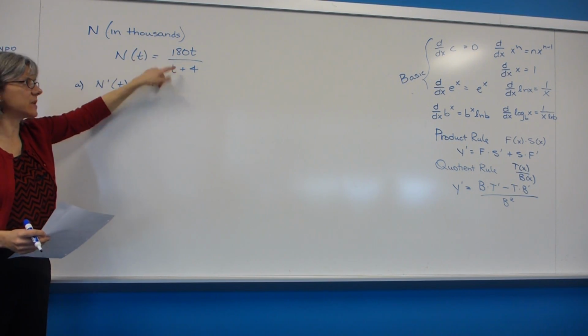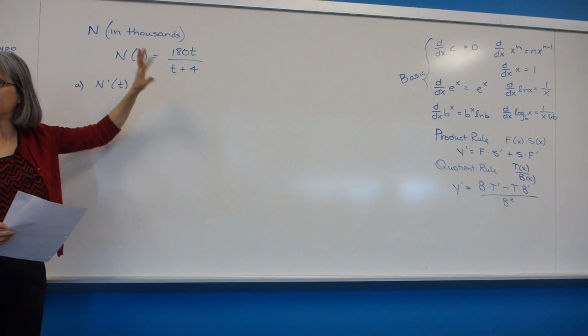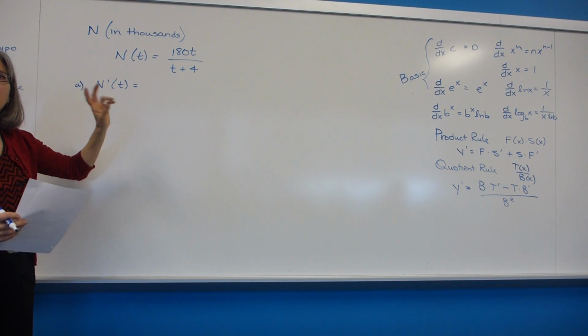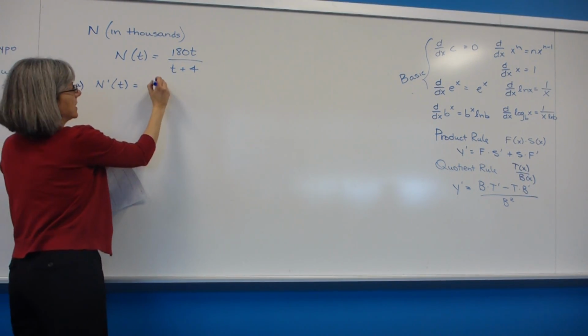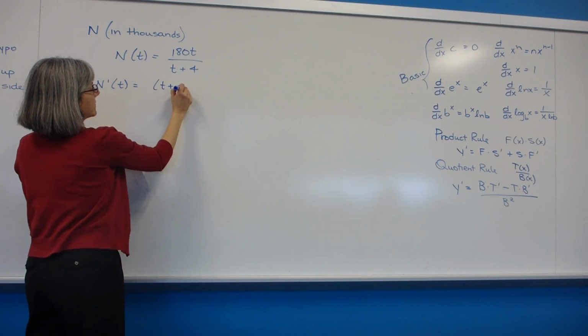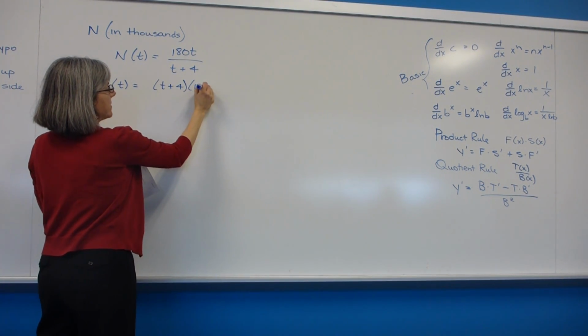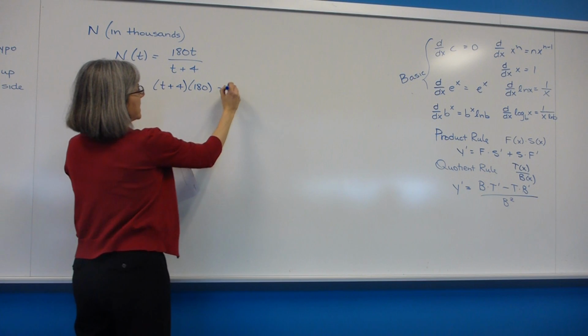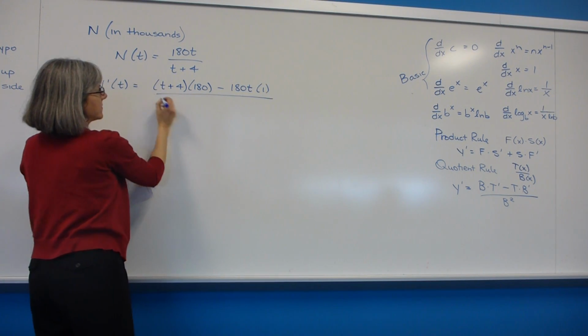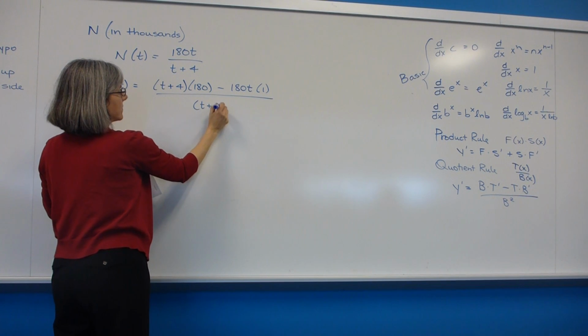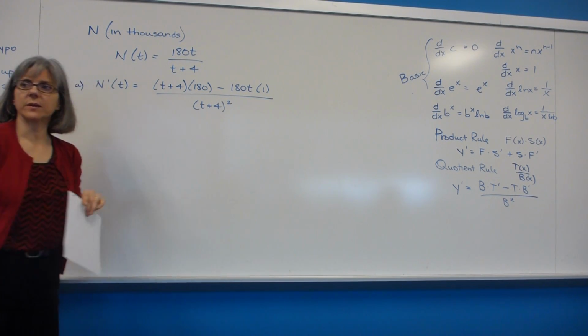If this were flipped and the 180t was in the denominator, then that would be simple enough, but no. So what rule must I use? Quotient rule. All right, so let's go. Bottom times derivative of the top minus top times derivative of the bottom, all over the bottom squared.